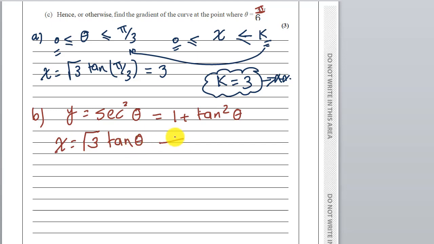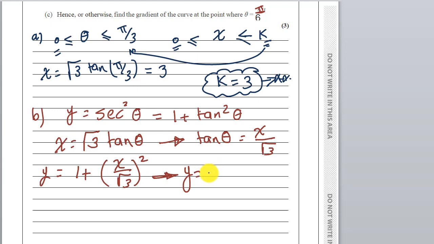So from here tan theta equal to x divided by square root of 3. So y equal to 1 plus (x divided by square root of 3) squared. So from here y equal to 1 plus 1 over 3 x squared. And this is the answer of this question.